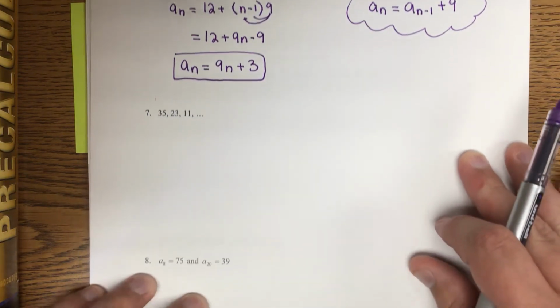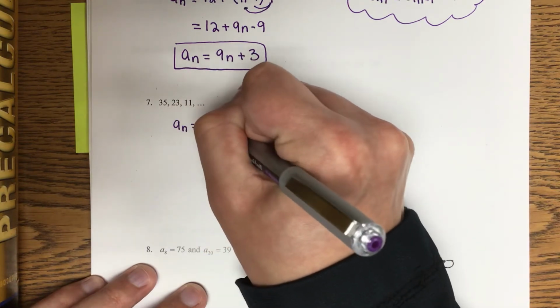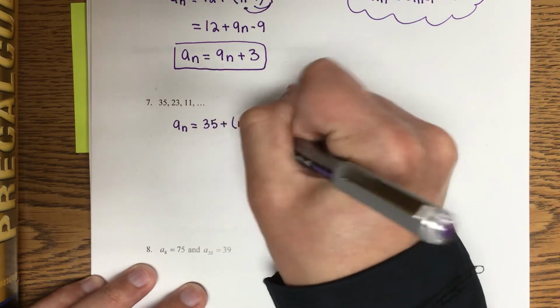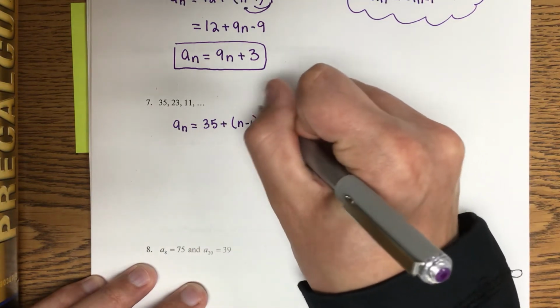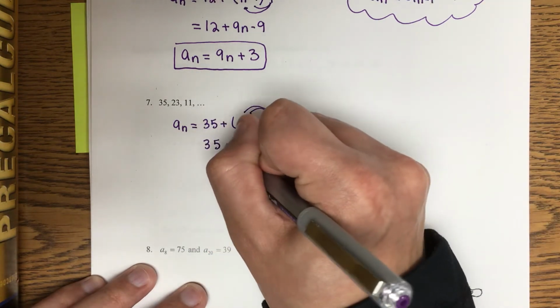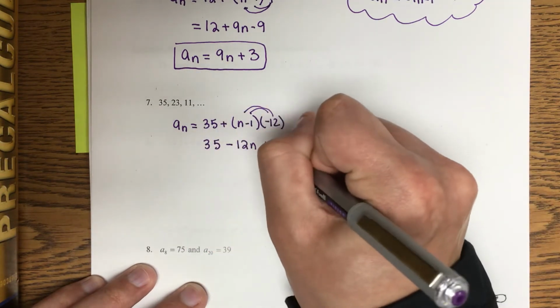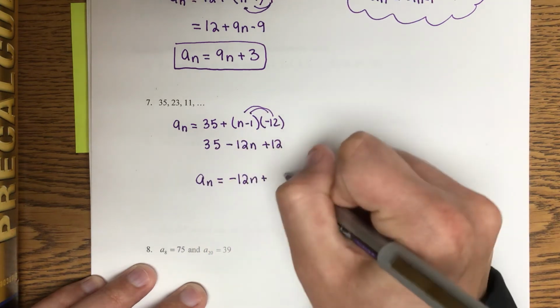So for problem 37, I know the first term is 35, and then the common difference, it looks like they're subtracting 12. So I'm going to put a negative 12 here and then use distribution. So this would be 35 minus 12n plus 12. So then the formula would be negative 12n plus 47.